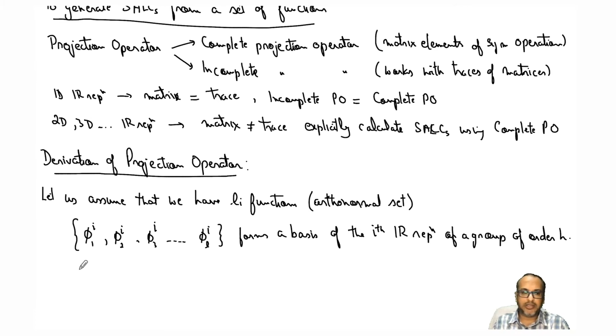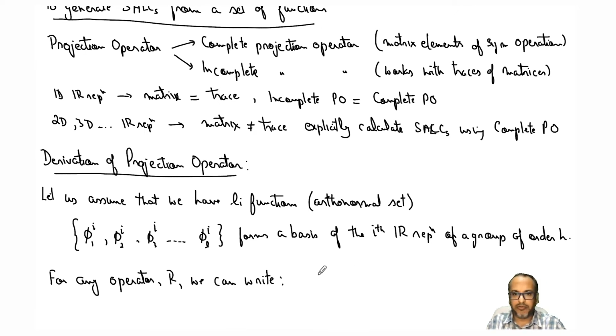Now for any operator in this group, as per definition, we can write, for any operator R, let's say, if we operate R onto any given function phi_t^i, what we have is the summation over s of phi_s^i and tau of R, s t i, right?